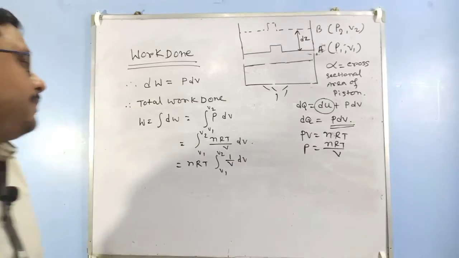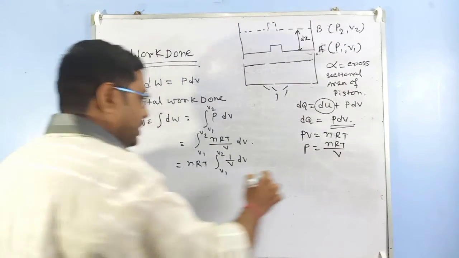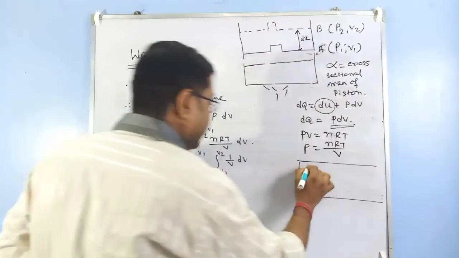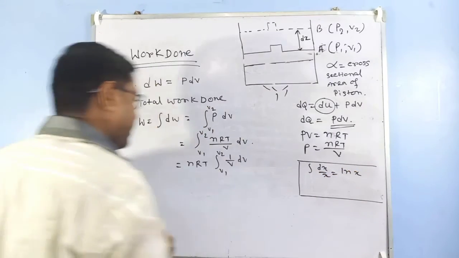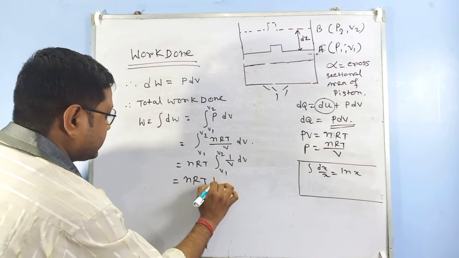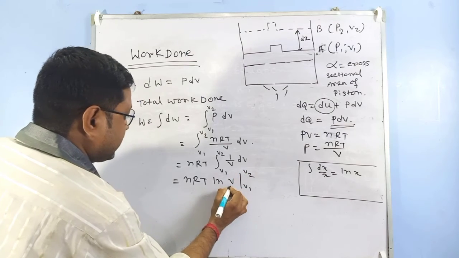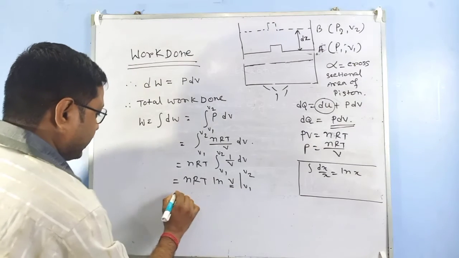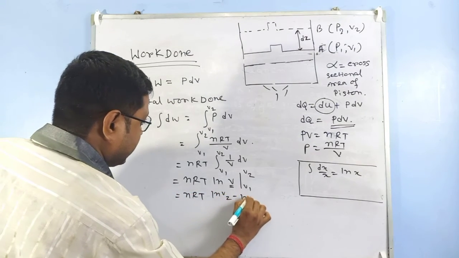If you cannot understand the integration, the formula we used here is the integration of dx by x equals ln x. So nRT ln V, from V1 to V2, that is nRT (ln V2 minus ln V1).